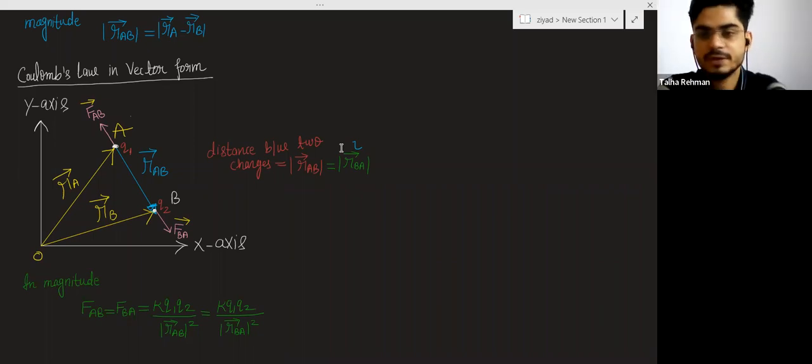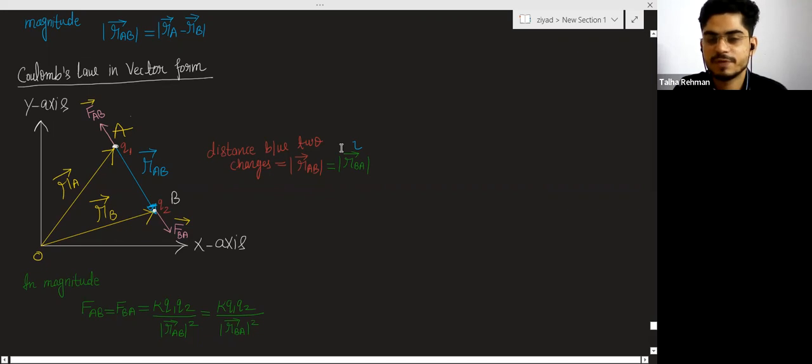For this chapter, electrostatics, you should have a basic command on vectors. Not much. You should know at least what a position vector is, how vector addition works, and some special cases of vector addition.